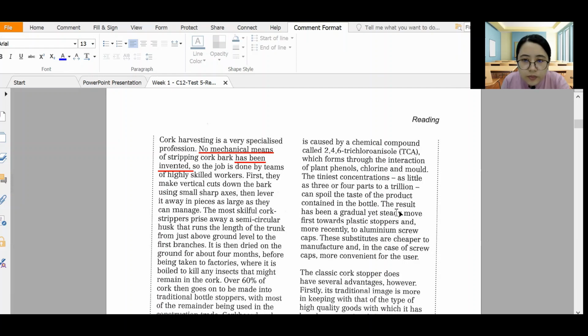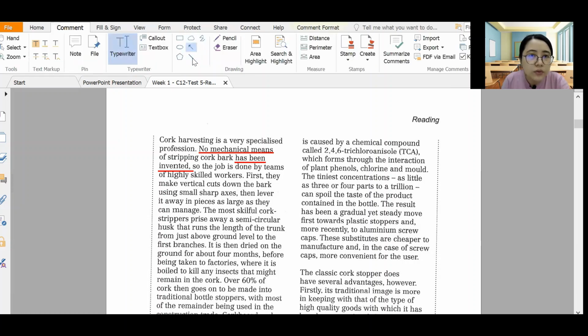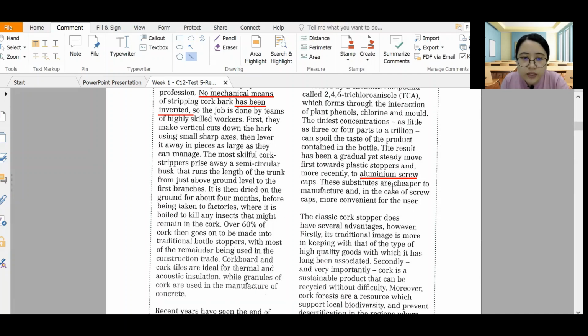The result has been a steady move first towards plastic and recently to aluminum." So the keyword is here, aluminum. These substitutes are cheaper. The first advantage is cheaper to manufacture, more convenient for the user.